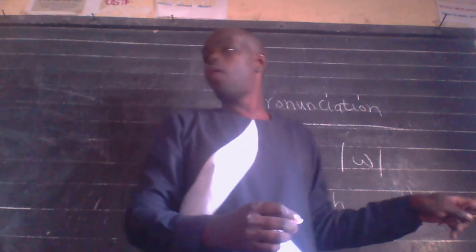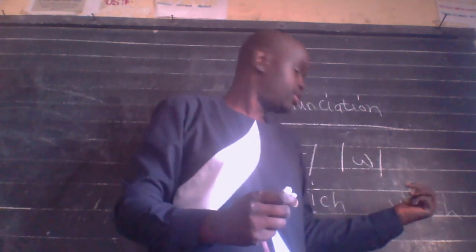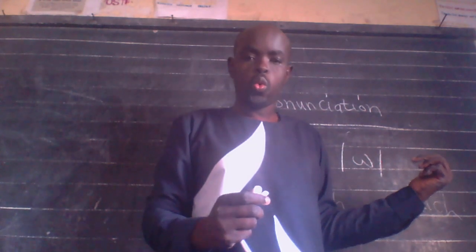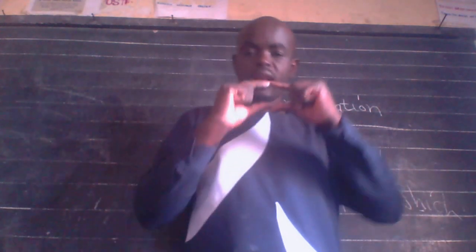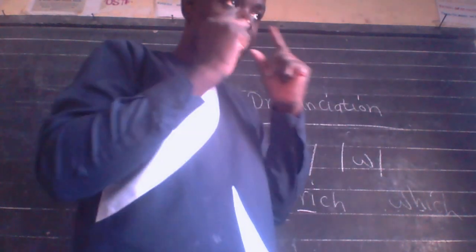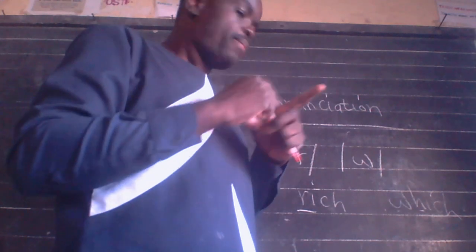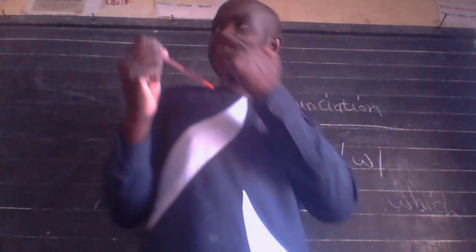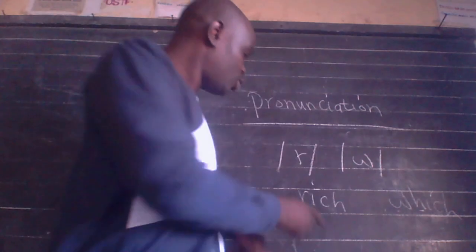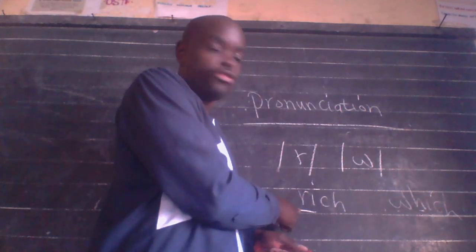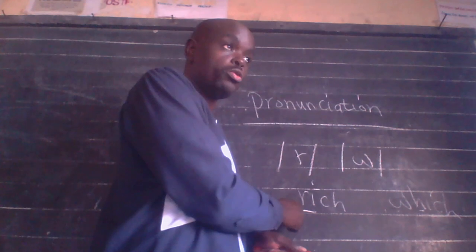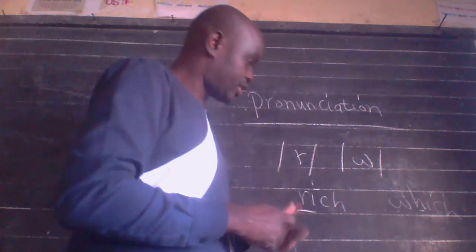So look at how I pronounce the sound W. Which. Once you master how I shape my mouth, my lips, and how I shape my tongue, then you are able to pronounce this sound of the letter W. You can produce the sound perfectly like a native.